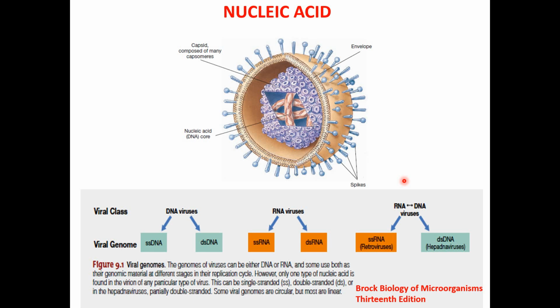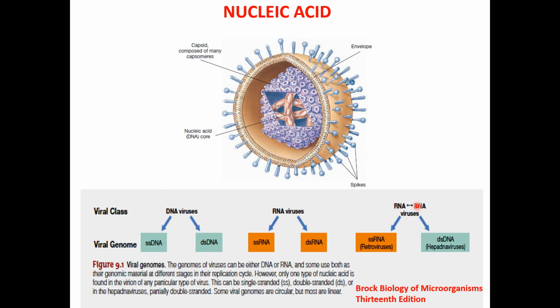Now, coming into the nucleic acid structure, as the viruses have two parts: outside capsid and inside nucleic acid. So the virus can be classified by the types of the nucleic acid. Like if the DNA is present, it's DNA viruses. If the RNA is present, the RNA viruses.